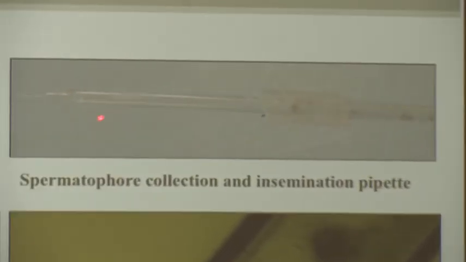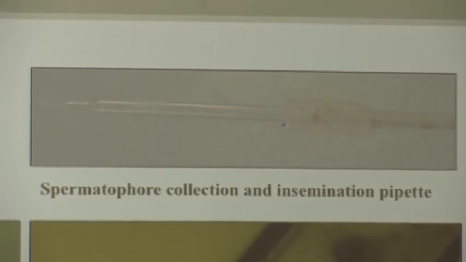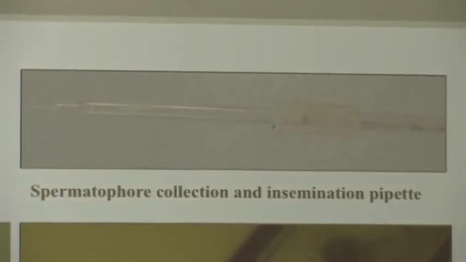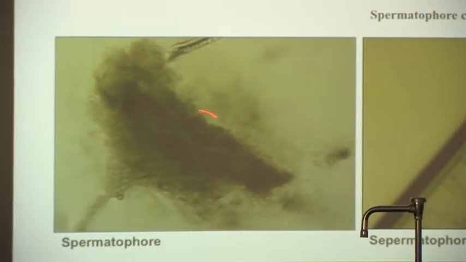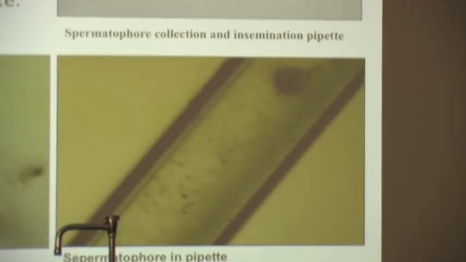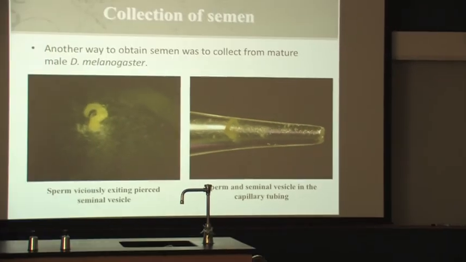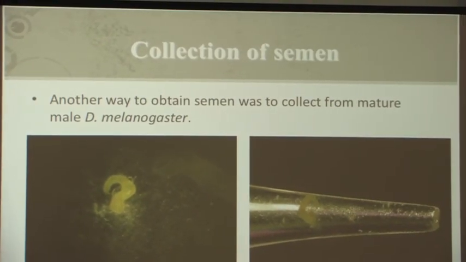This glass pipette is pulled so that the opening is just 300 micrometers, because that fits the spermatophore. The next way to collect semen is from the mature male.